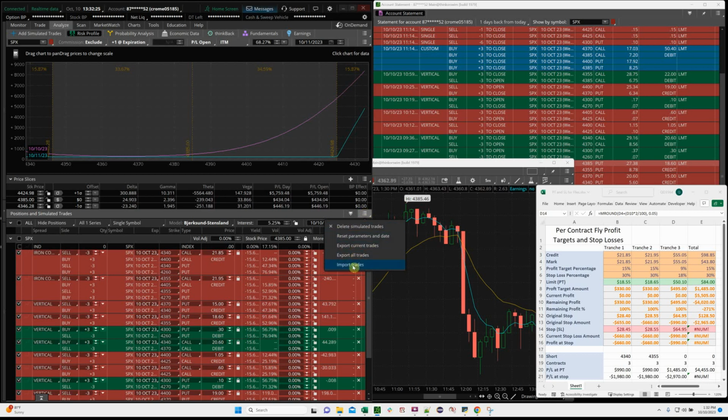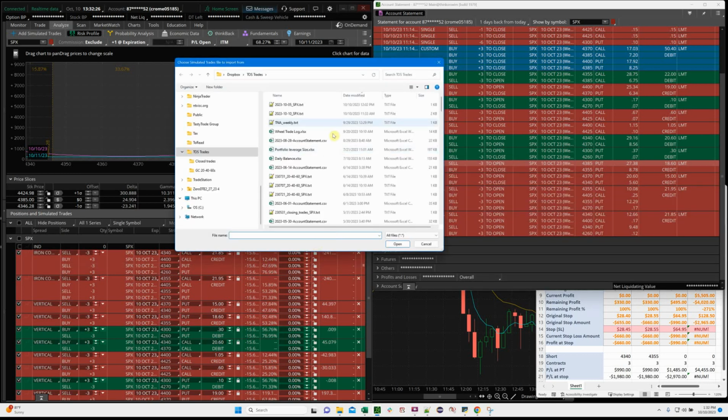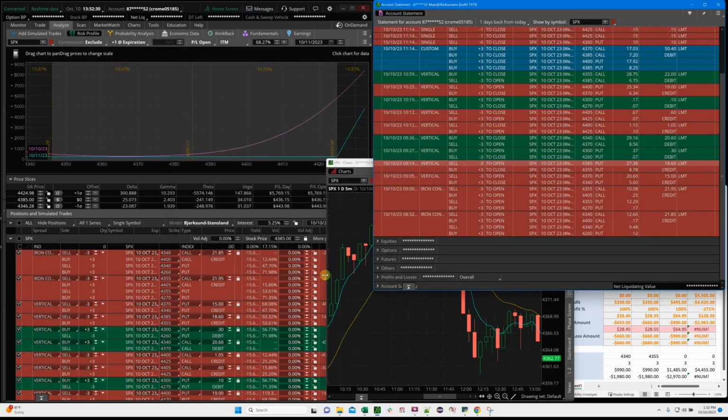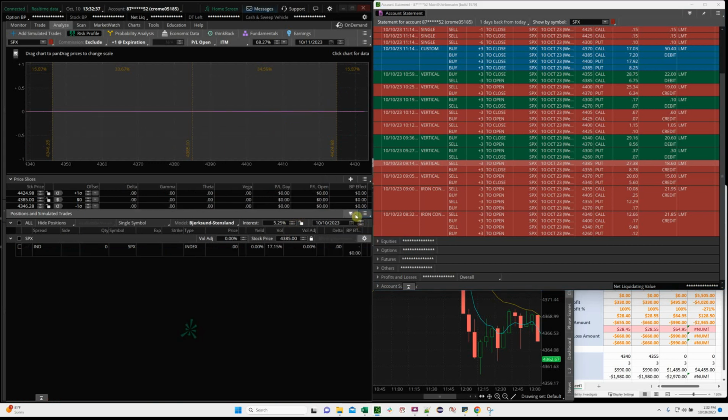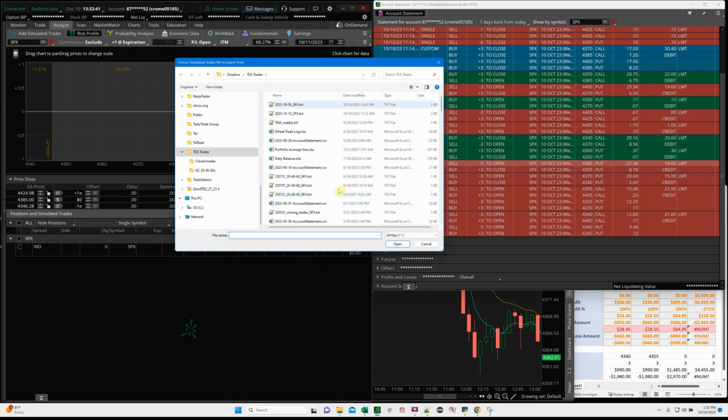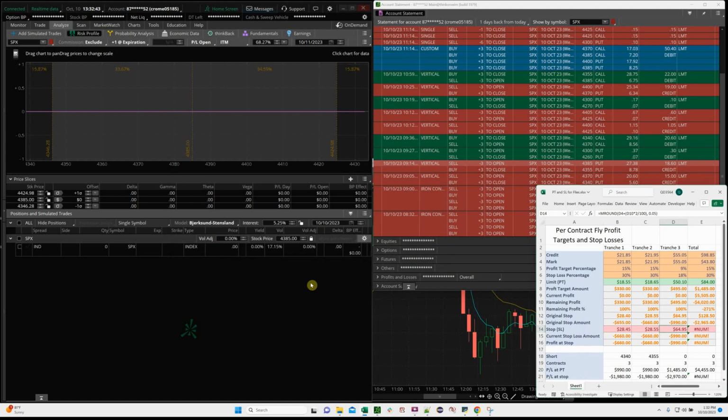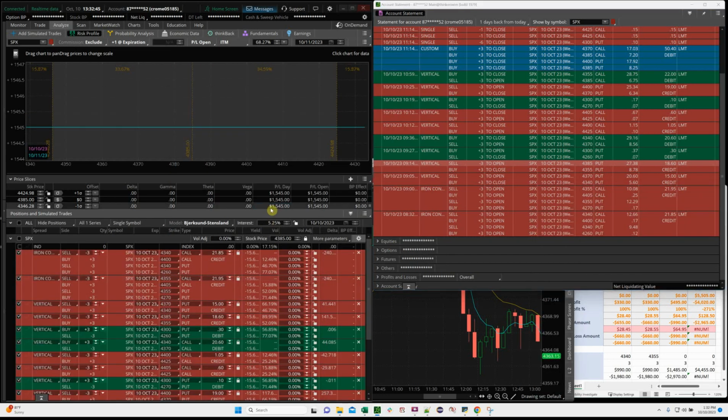Import trades, and I'm going to import the ones that I saved today. I probably should have deleted all these first. Go back and import them. Okay, so we should have the same trades that we had in there.